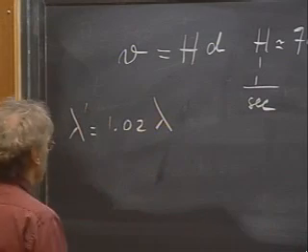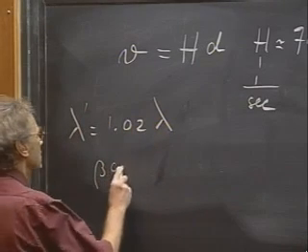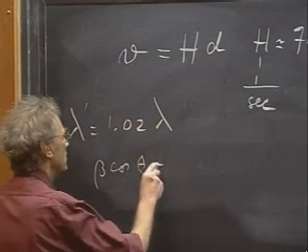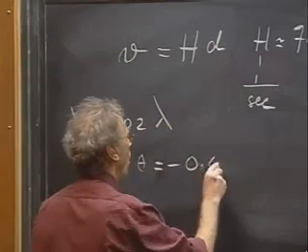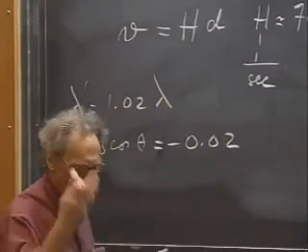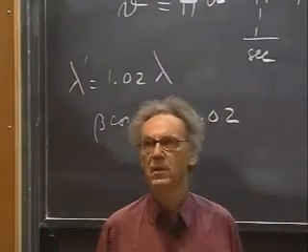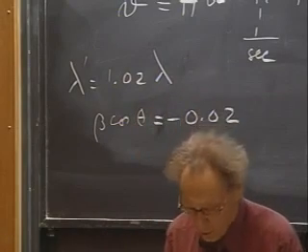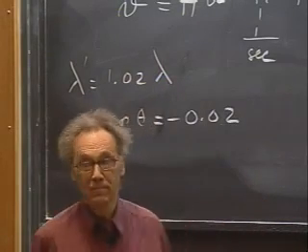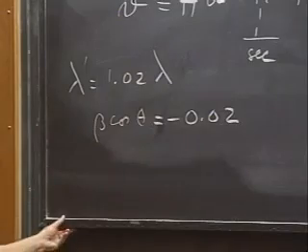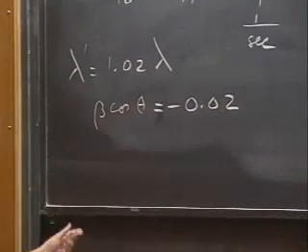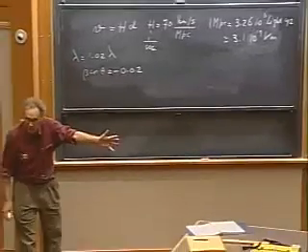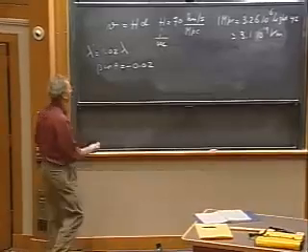So you can measure that beta cosine theta is then minus 0.02. I carry that minus sign because I gave you the Doppler shift measurements in the form that I want you to use. We don't even think of that minus sign anymore because it's always receding. But I carry the minus sign.